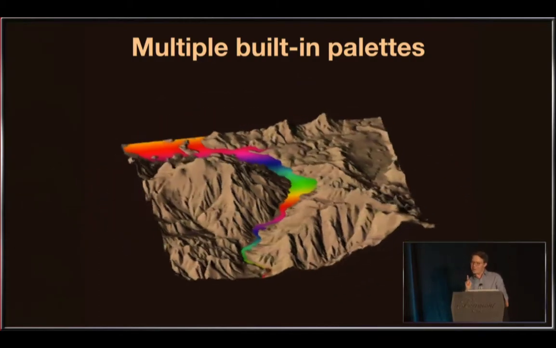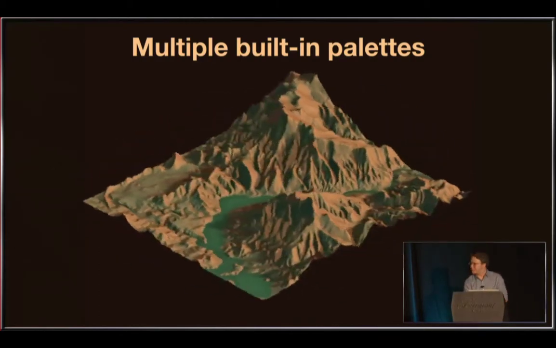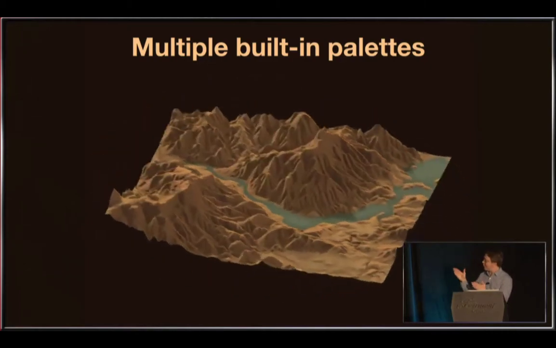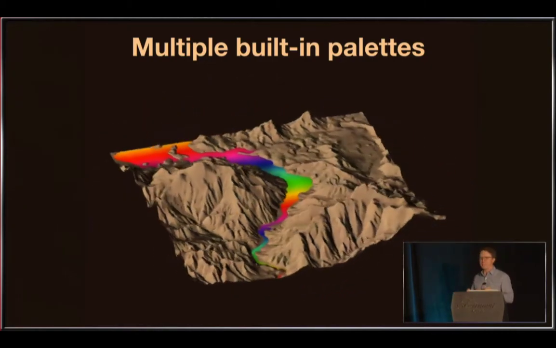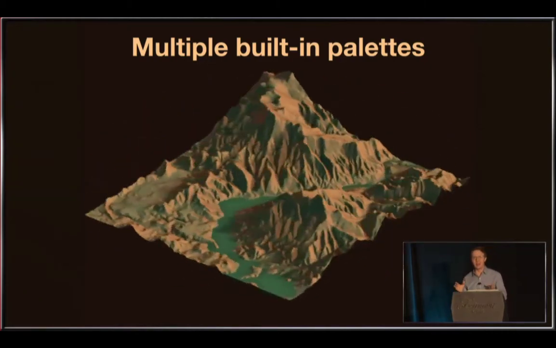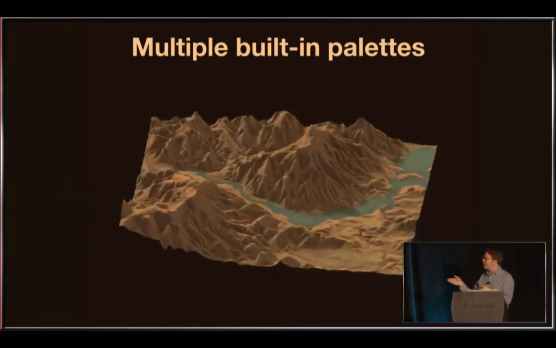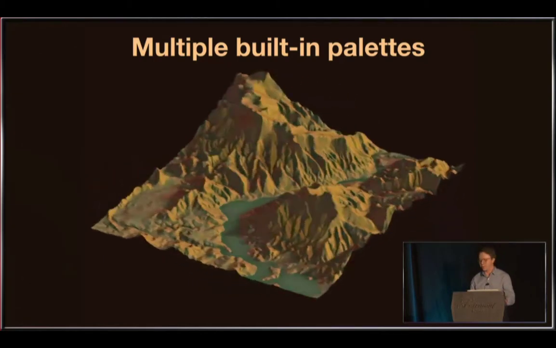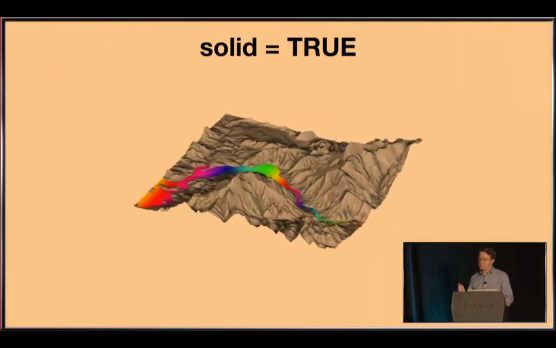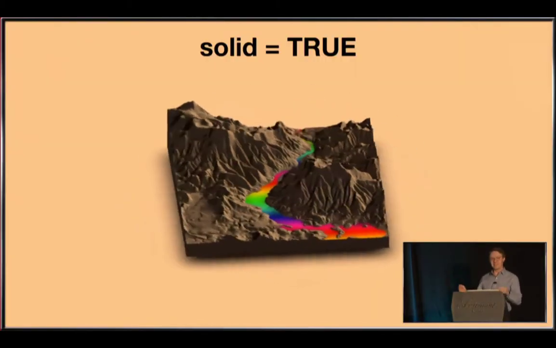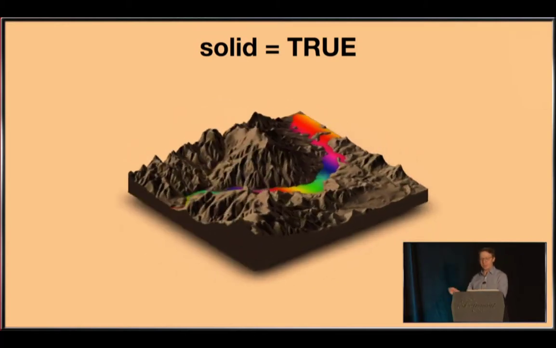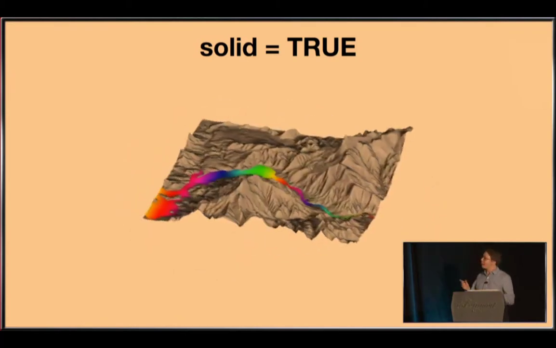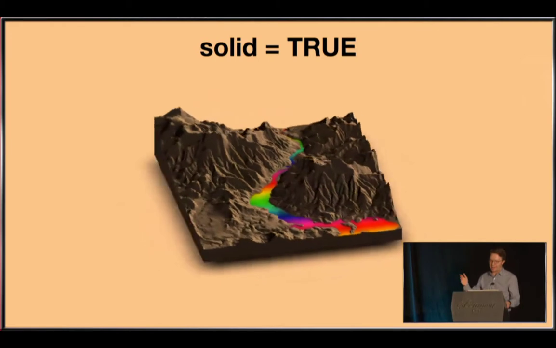However, one thing that bothered me when I first made that plot was, although it is very cool, as a 3D surface, it was representing solid Earth, but the plot itself looked flimsy and infinitesimally thin, like you could just blow it away if you breathed too hard. So I made it so you could set solid equals true in the plot 3D function, and rayshader would automatically render a solid 3D object.